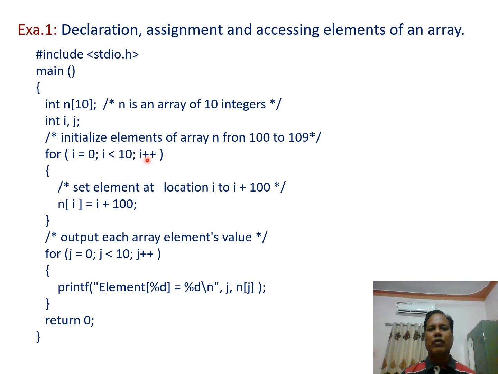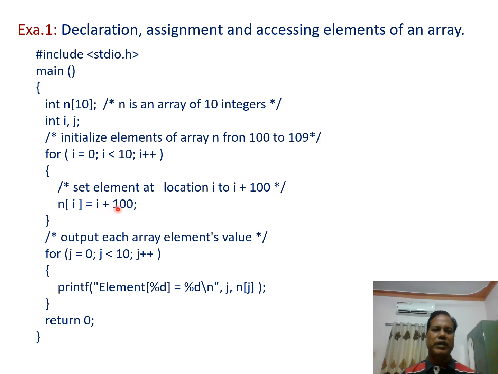Then the counter variable i is incremented and its value becomes 1. The condition is tested, 1 less than 10, the condition is true. Then again the body of the for loop is executed. So this time n[1], which refers to the second value of the integer array n, is set as 1 plus 100, that is 101.